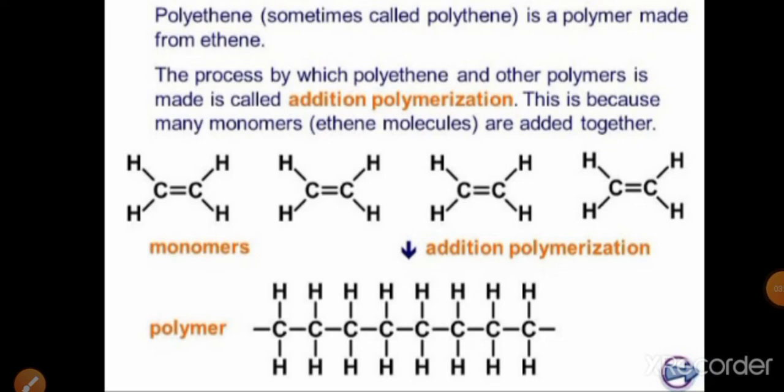You can see on the screen how a large number of ethylene monomers undergo addition polymerization to form the polymer polyethylene.